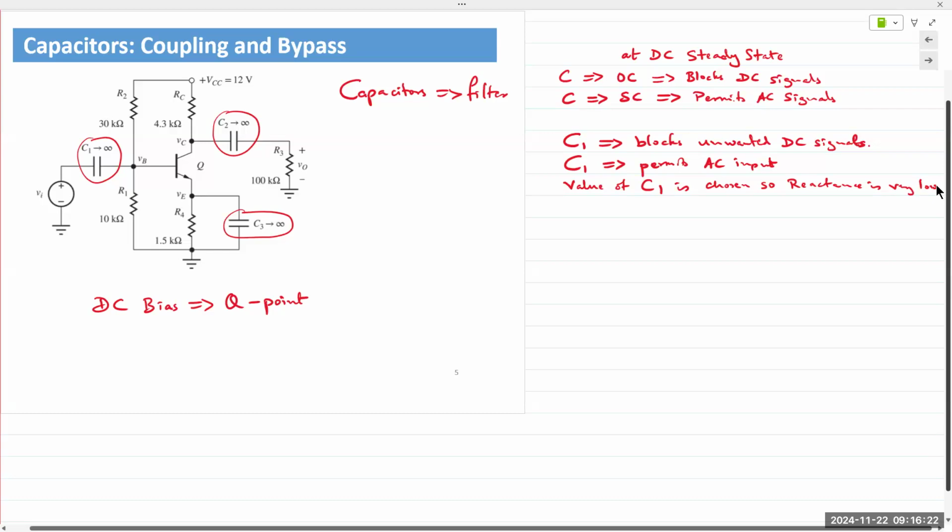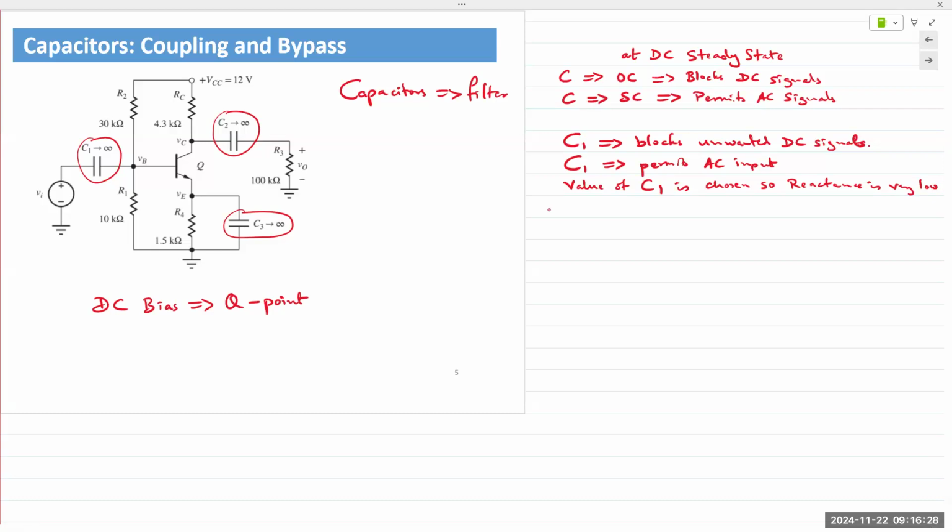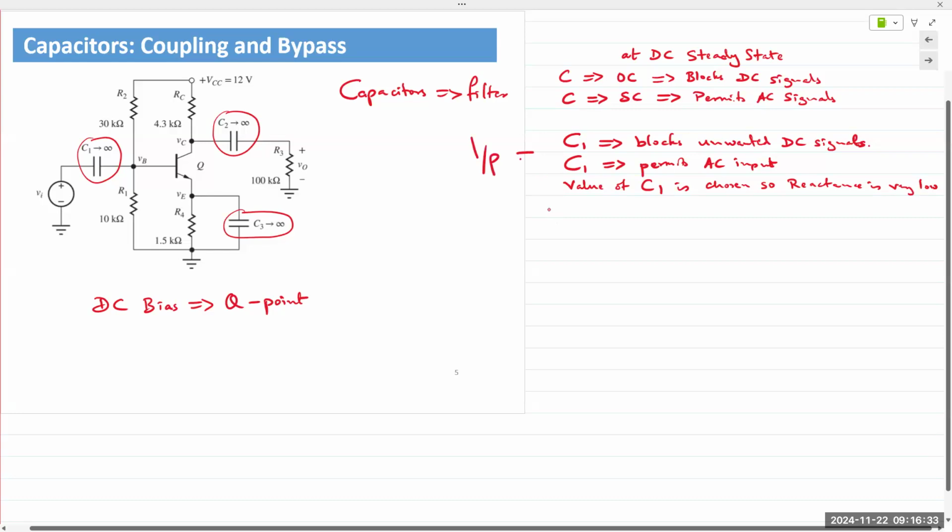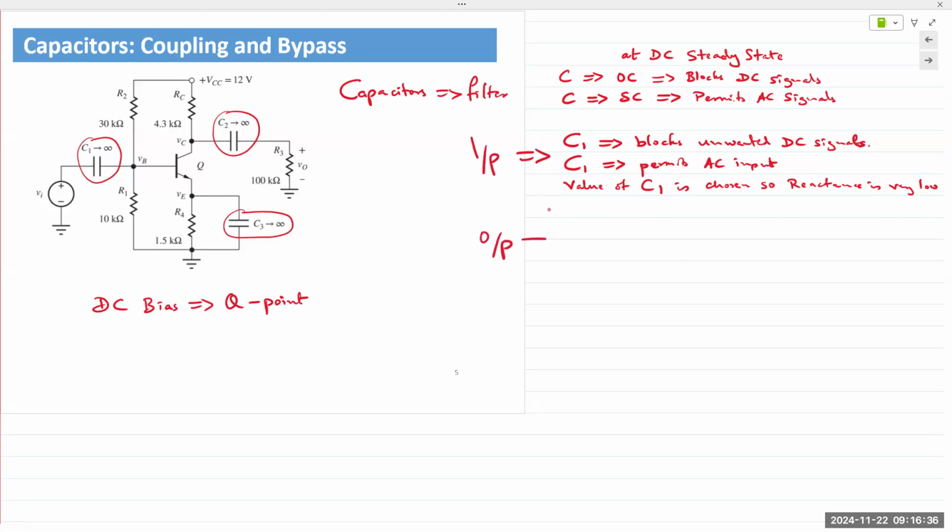It's filtering out the DC, blocking the DC, and it's allowing only the pure AC to pass through. So C2 is on the output side. Same application as C1. We want it to block the DC offset or DC component of the output signal and only permit the amplified AC signal to reach the output.